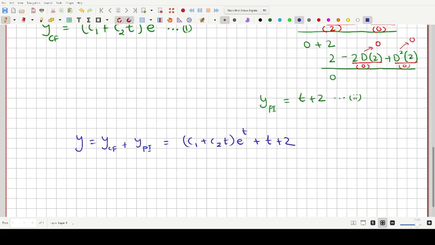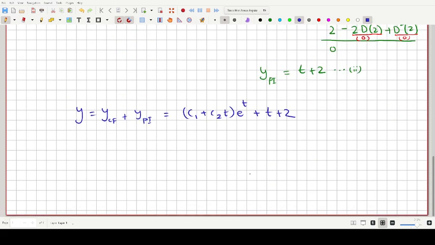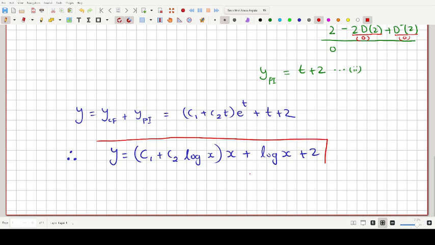So we substitute those values here, and therefore this is our solution: y is equal to (C1 plus C2 log x) multiplied by x, plus log x plus 2. So this, my friends, is our final answer to this question.